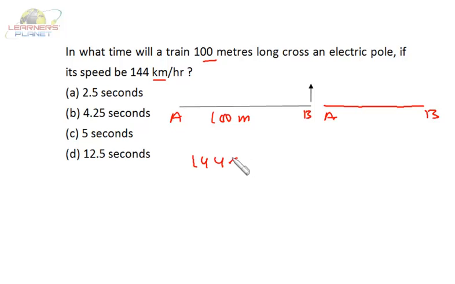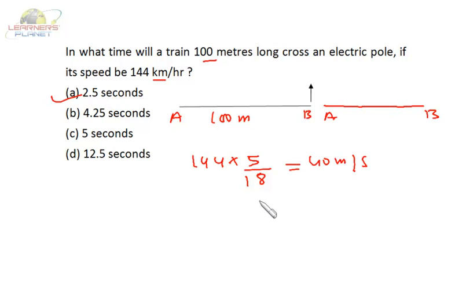So it is 5 by 18 we have to multiply to convert it to meter per second. So it is 8 5s are 40 meter per second. Now the train has to cross 100 meters with the speed of 40 meters per second. That means it will take 2.5 seconds.